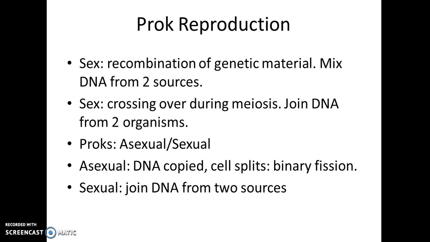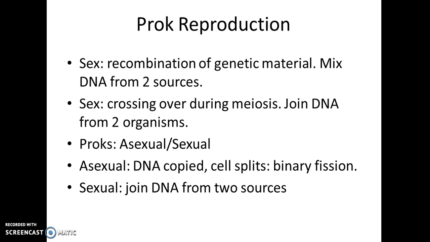So we're going to talk about how prokaryotes reproduce. Now we have to define sexual reproduction and asexual reproduction. We need to define sex as a recombination of genetic material. Basically, when sex occurs, the DNA from two sources mix. That is sexual reproduction.